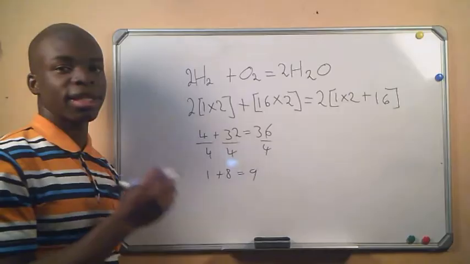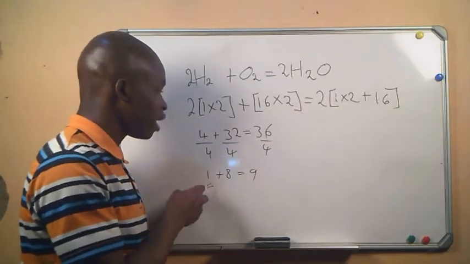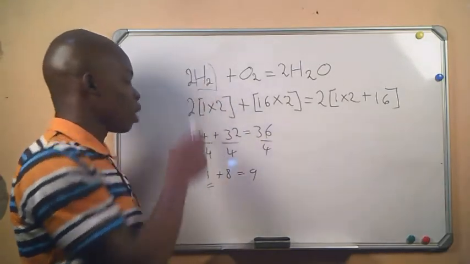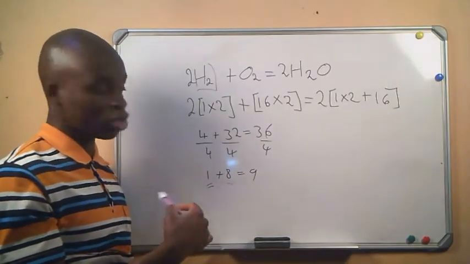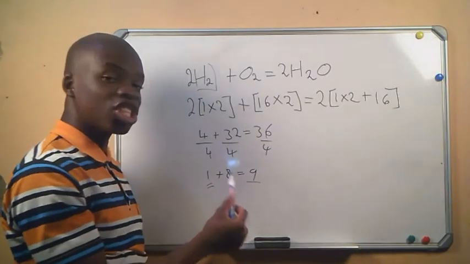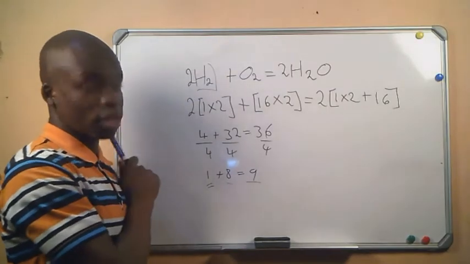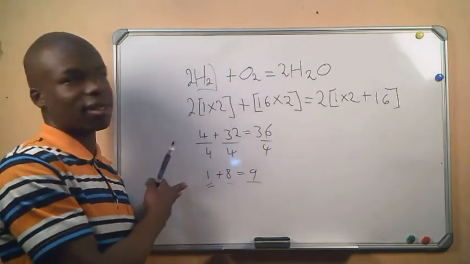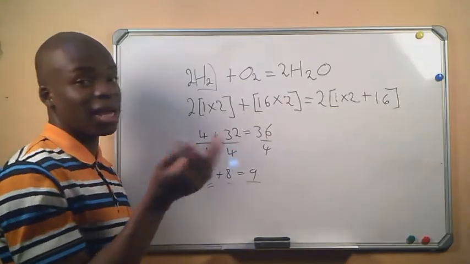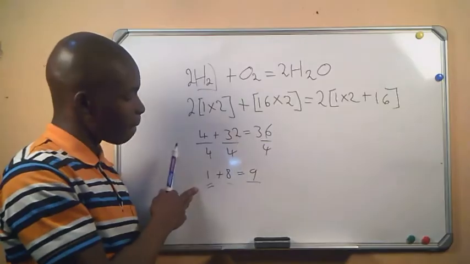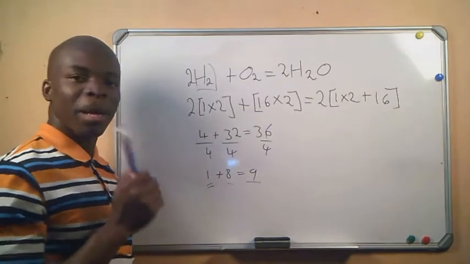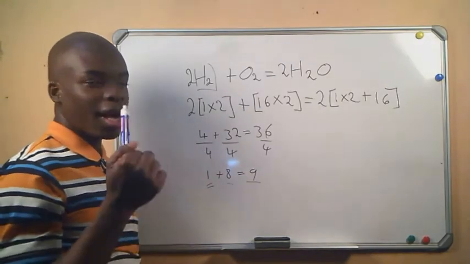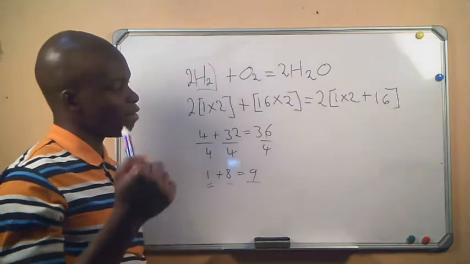This tells us that for every 1 kg of hydrogen, we need 8 kg of oxygen to completely burn the hydrogen and form 9 kg of water. So this is a reminder from our previous lesson, which was combustion of fuel by mass. But now we are doing combustion of fuel by volume.